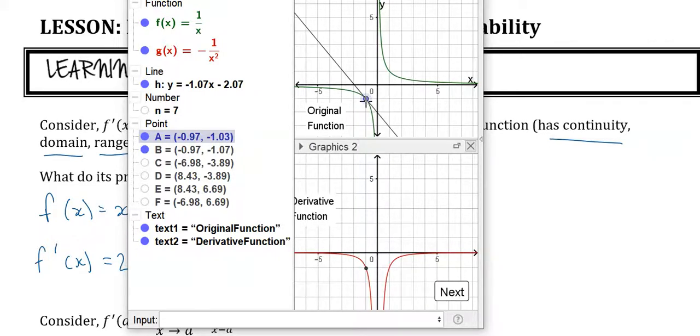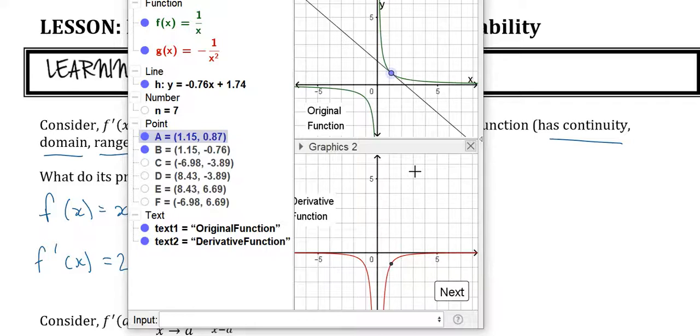And so its derivative is always negative, always below the x-axis, has no x-intercepts. So when we're talking about positivity and negativity, intervals of increasing, intervals of decreasing, the slope being positive, the slope being negative, these are all related properties between original functions and their derivatives.